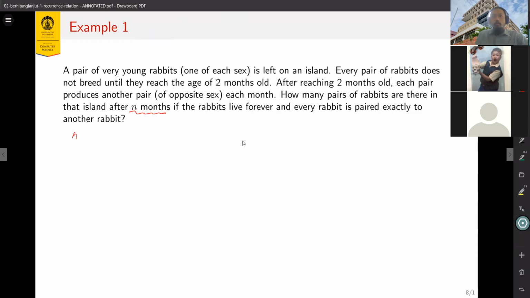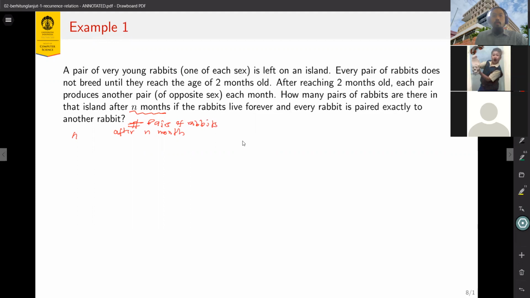So n is the month, and then we have after n months the number of pairs of rabbits.